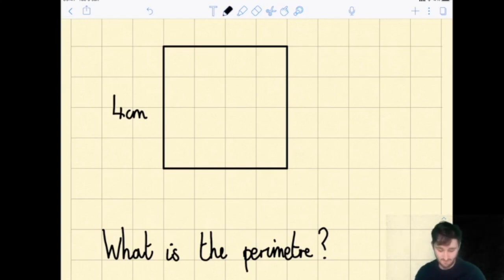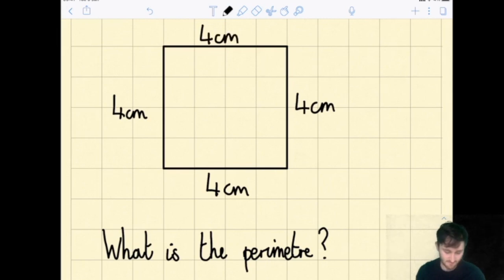So the perimeter, well, this I can tell is a completely equal square because I've got 4 squares here, 4 squares here, 4 squares here, and 4 squares here. So that means each of these must represent 1 centimetre. So I know that if this side is 4 centimetres, this side must be 4 centimetres, this side must also be 4 centimetres, and this side must also be.